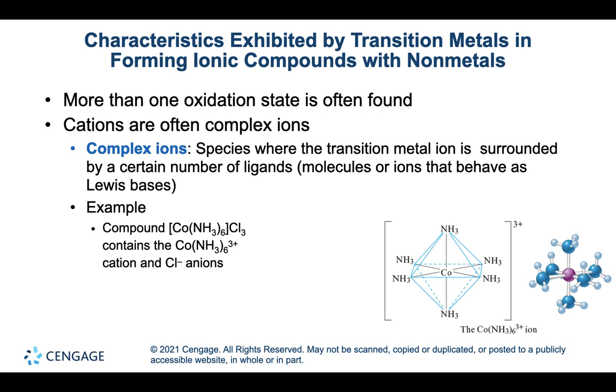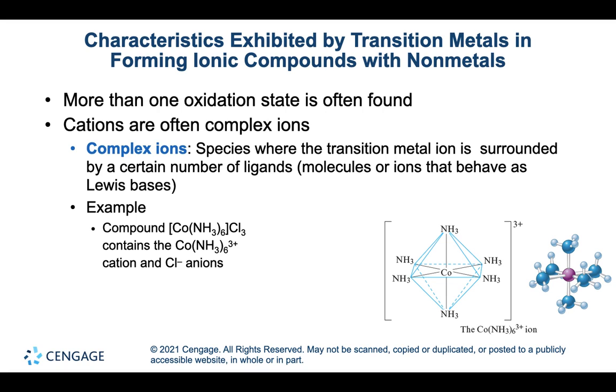Also, the cations can form complex ions by forming connections to ligands, which are Lewis bases that will bond to these ions and create these complexes, which would be a transition metal cation connected to molecules or ions that are acting as Lewis bases.